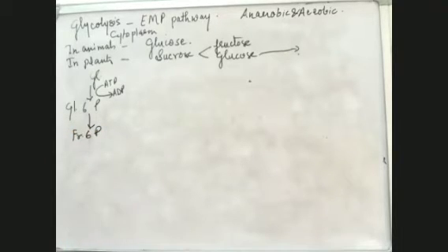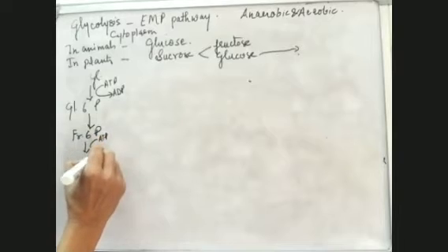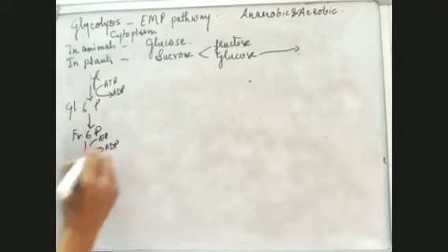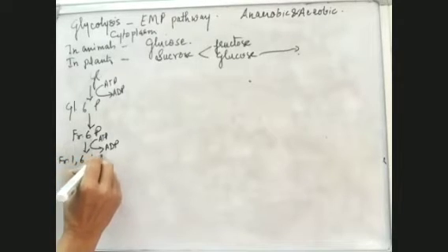This fructose 6 phosphate again utilizes one ATP here. One ATP is utilized, so ATP is converted into ADP. And here this gets converted into fructose 1,6 biphosphate.